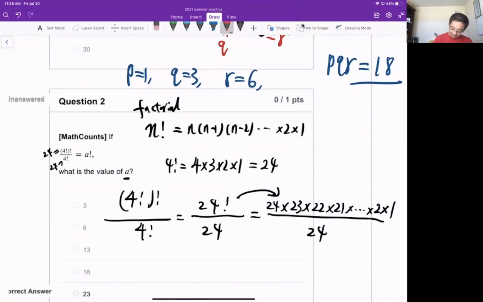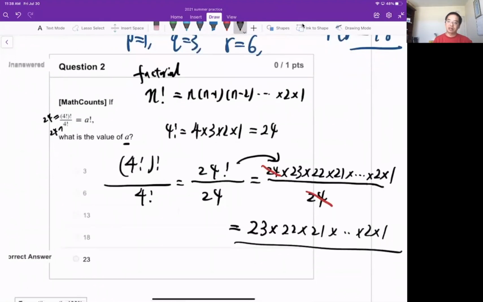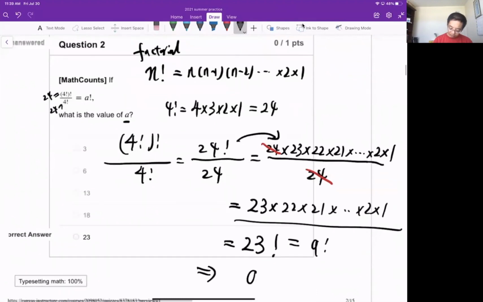Clearly, 24 and 24 cancel with each other, and what remains is 23 times 22 times 21 and so on down to 2 times 1. By definition, this is nothing but 23 factorial. From here, we immediately conclude that a is 23.